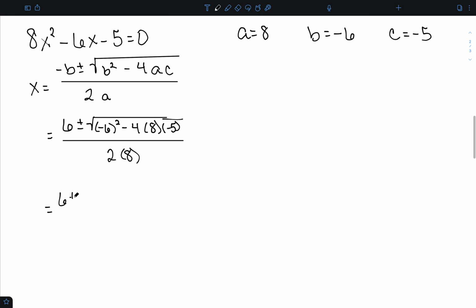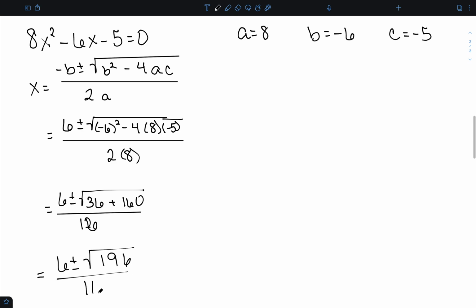As I simplify this, 6 squared is 36. Negative 4 times 8 times negative 5 is 160, and 2 times 8 is 16. So this is 6 plus or minus the square root of 196 over 16.